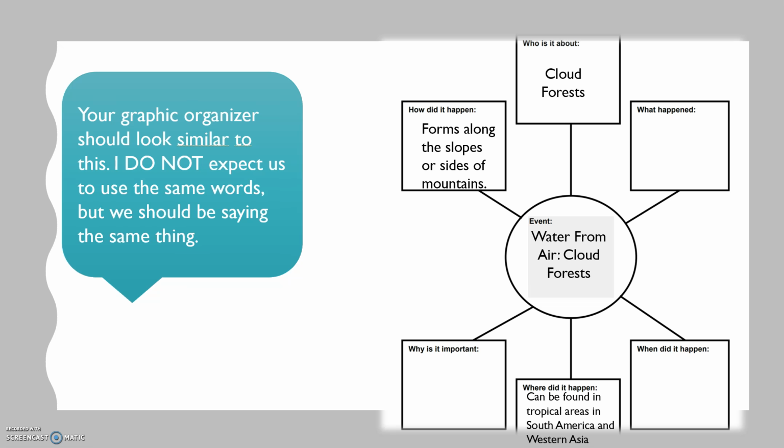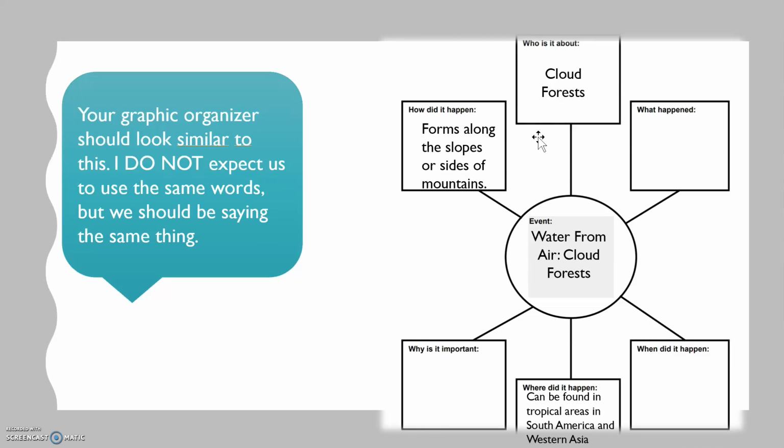Now, after you've read, what you all should have come up with on your graphic organizer, and again, your organizer will not look exactly like mine, but it should look similar to it. And I do not expect us to use the same words, but we should be saying the same thing. So in the middle, I want you all to put the title. And here we have Water from the Air, Cloud Forest. And here in this particular box, who is it about?